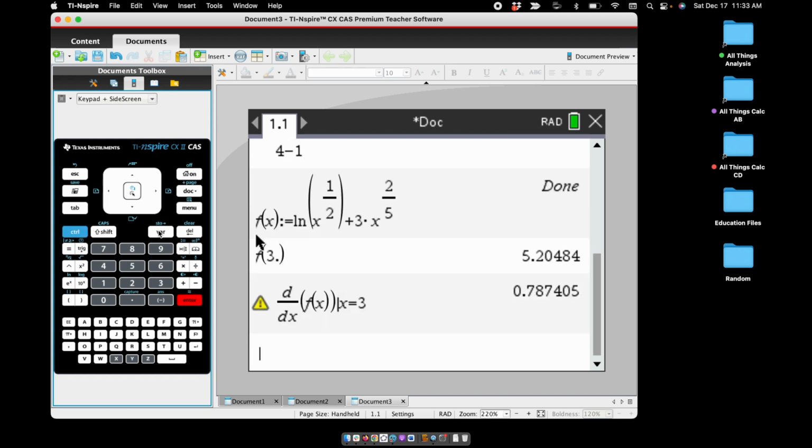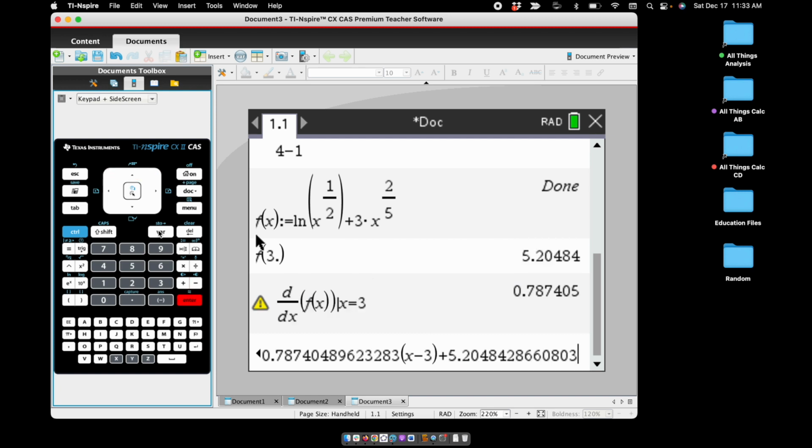Okay, so I'm going to handwrite those for a second. 5.205 and 0.787. Now we want this in slope-intercept form instead of point-slope form, which would be my preferred way. So I'm going to use a calculator to do that. It's just going to be y is equal to the slope, times x minus 3, plus the y value that we found.